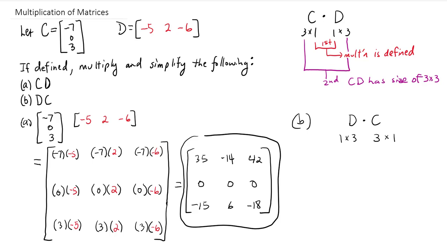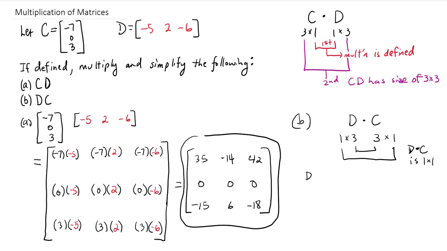So, once again, the columns of the first matrix does match with the rows of the second matrix. So if these match, then multiplication is defined. Now, what is its output? D times C is actually just a 1 by 1 matrix. Let's figure out what it is.